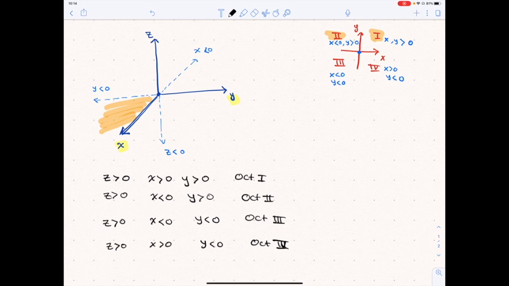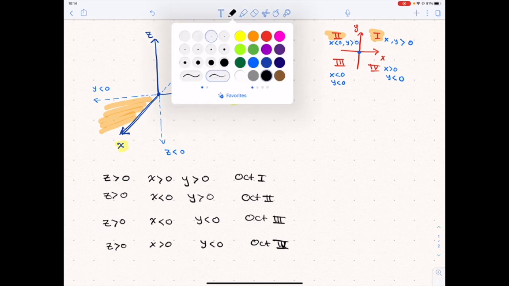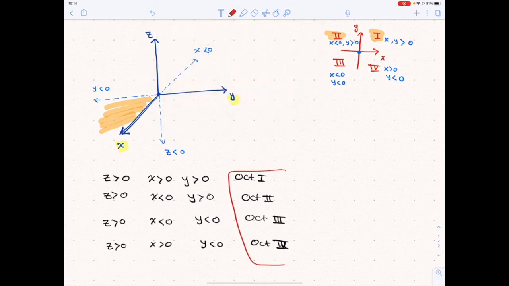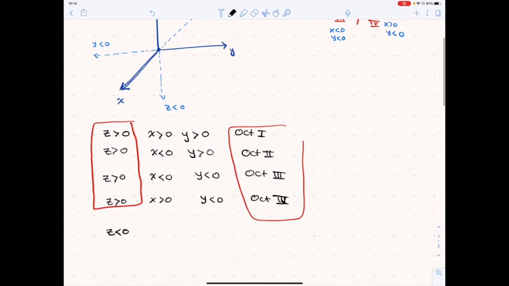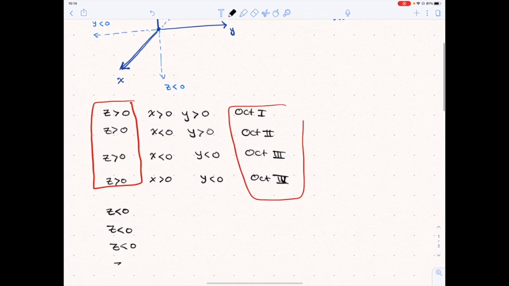All right, and then what happens for the next, so this is 4 of the octants, the next set comes from looking below the XY plane. And by that I mean everything works the same way, except now, so this is all looking at above the XY plane. So this same four setups, you can have Z when we're looking at below, and then you go around for all the negative values of Z, you go through the same process.